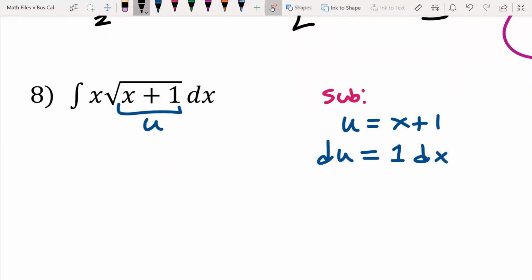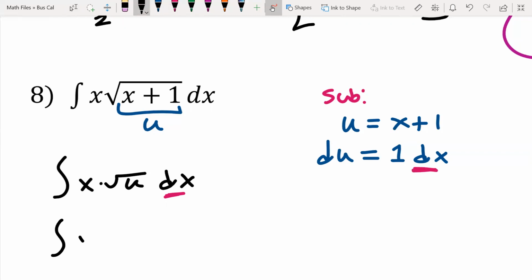Okay. Which means what's going on over here? You have x times the square root of u times dx. These dx's match up. So our integral is now the integral of x times the square root of u du. And now we have to make a sub for this x.